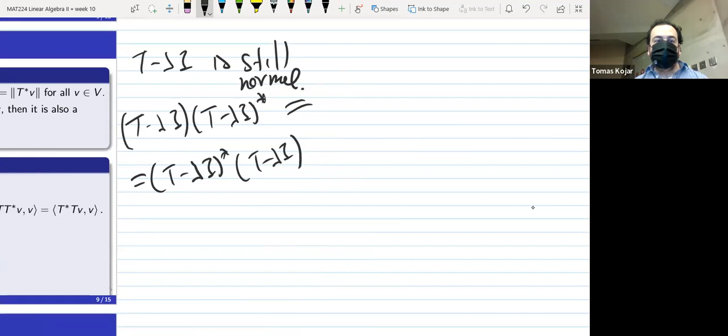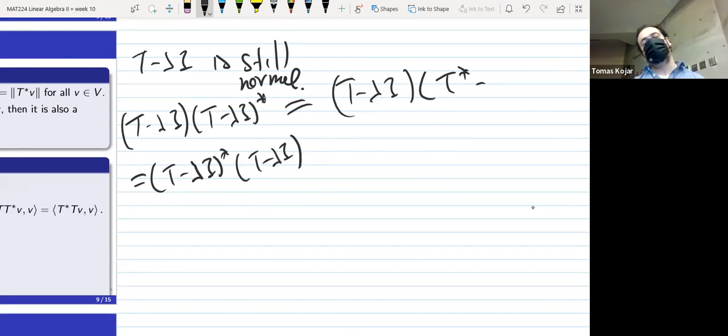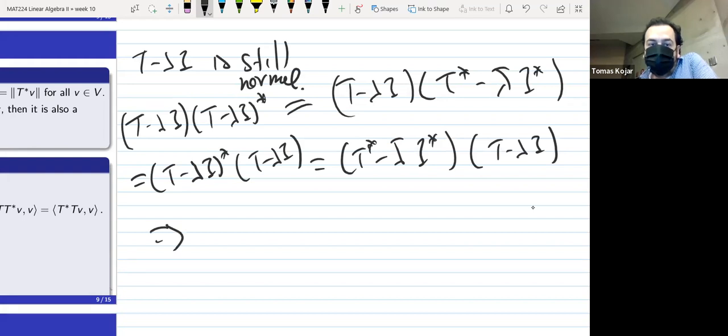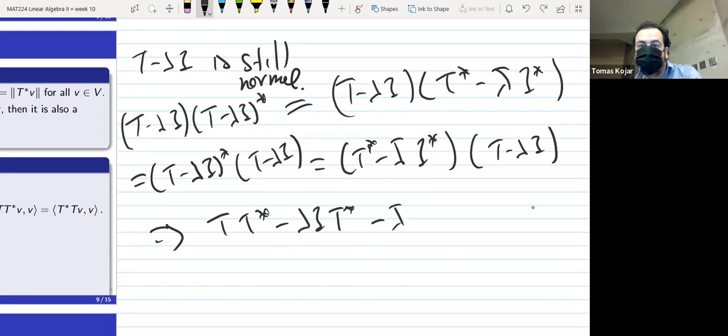So what's the left side? So this is T minus lambda I, and then adjoint is lambda star like this, and then this guy is T star minus lambda bar I star like this. All right, so now I'll calculate.